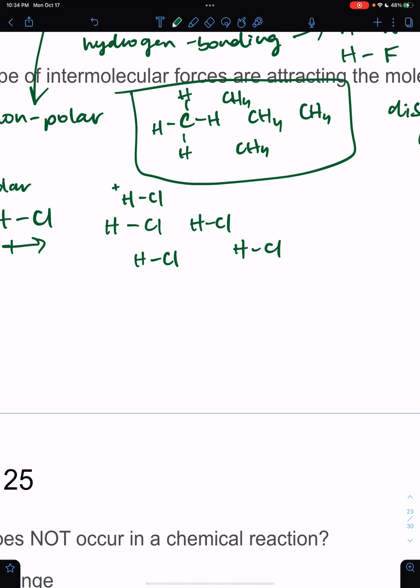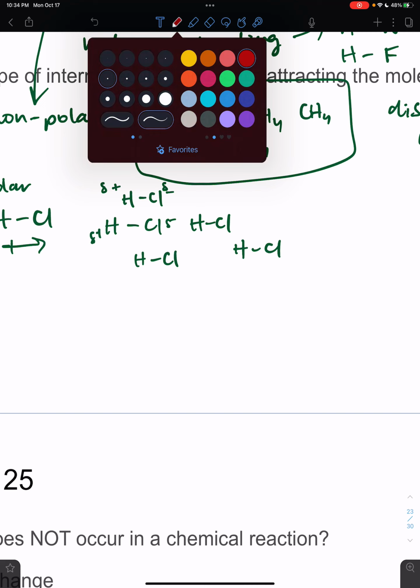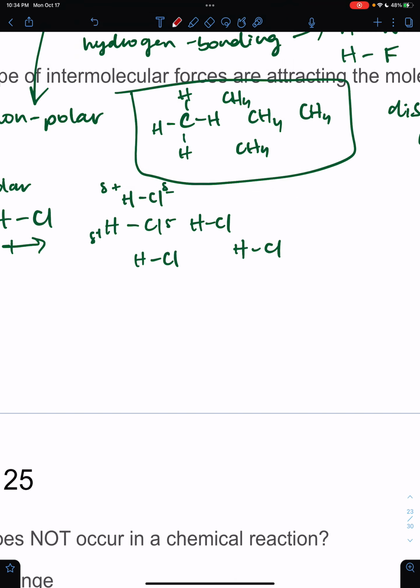the hydrogen is partially positive, the chlorine is partially negative. So that means that the hydrogen and the chlorines are going to be attracted to each other because of their opposite charges.